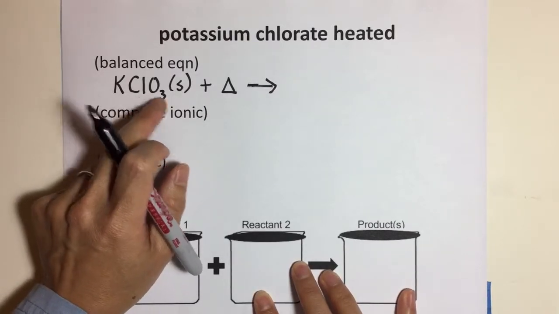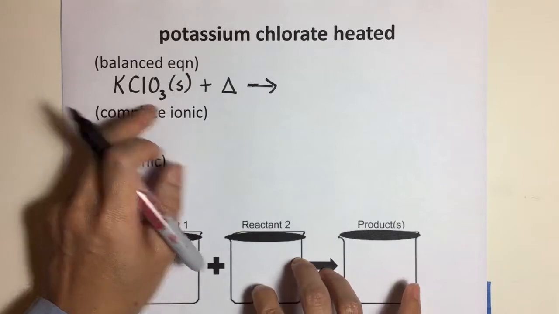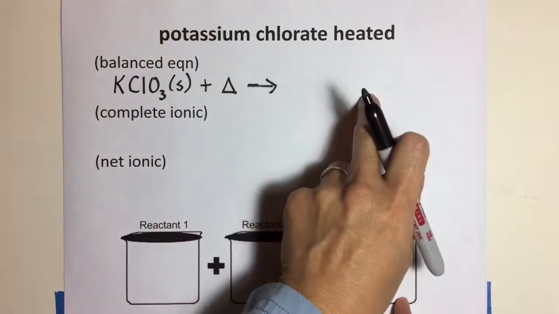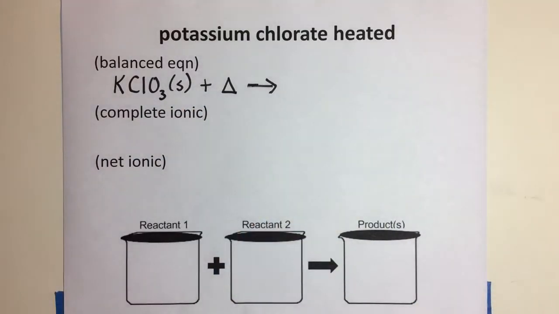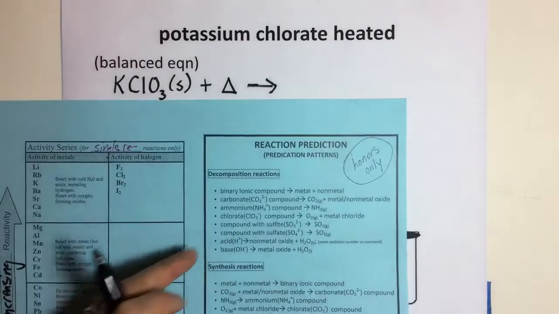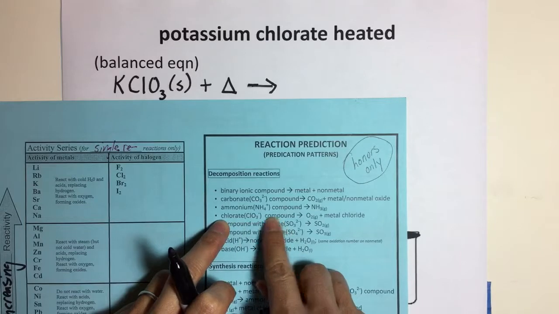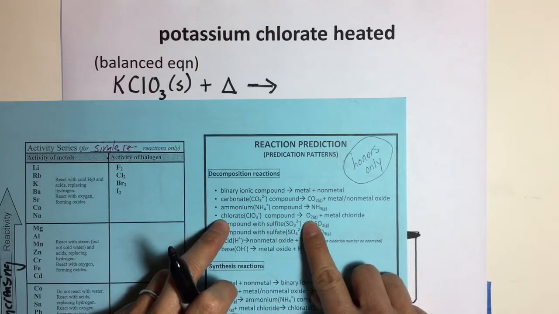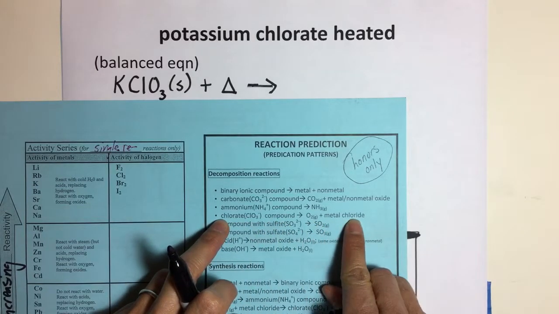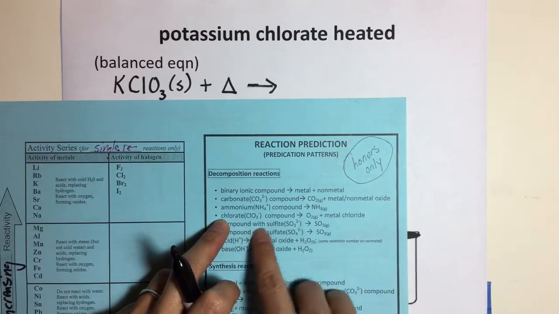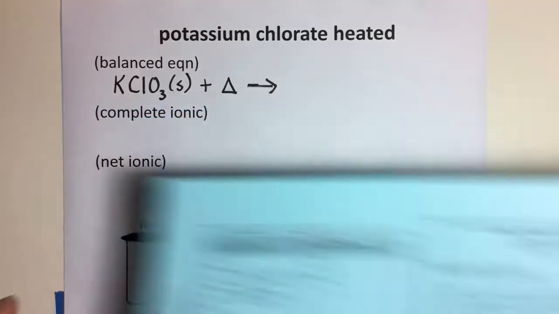So if you can pull oxygen out, you will form an ionic compound and oxygen. If you're having trouble with that, you can also see it right here. Any compound with chlorates will expel oxygen gas and the metal chloride. So this is a general pattern for prediction.